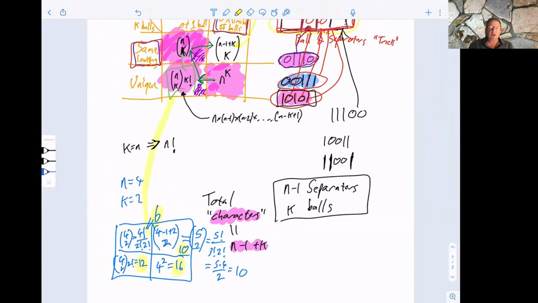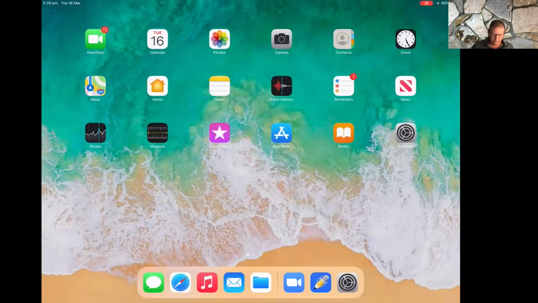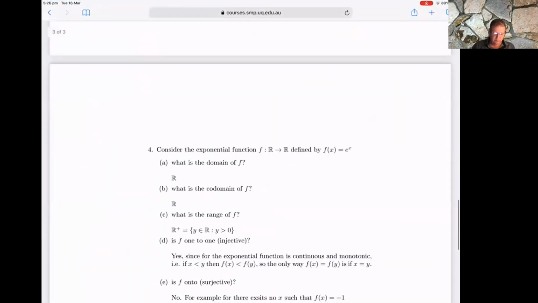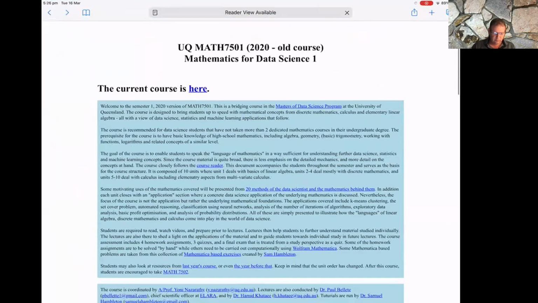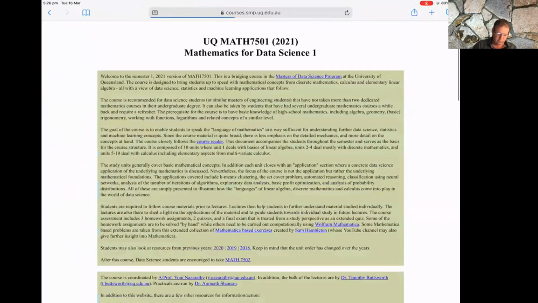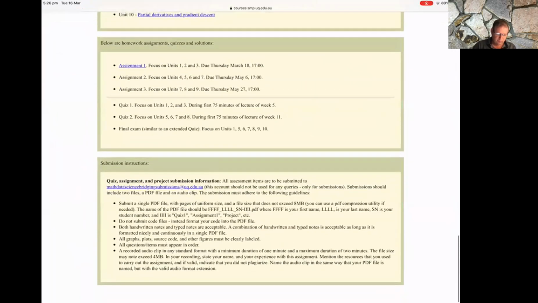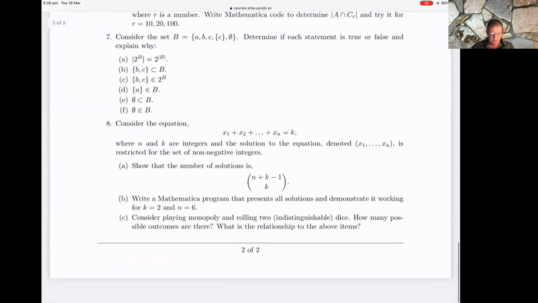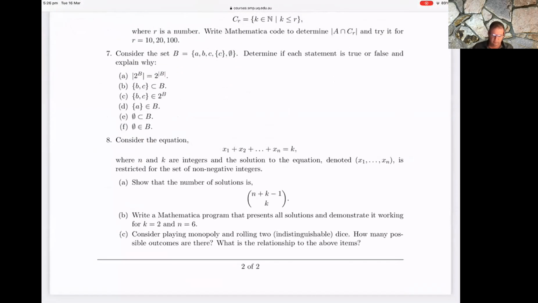Now if you go back to question 8, question 8 asks something different. You have now n variables and k things on the right-hand side, balls.